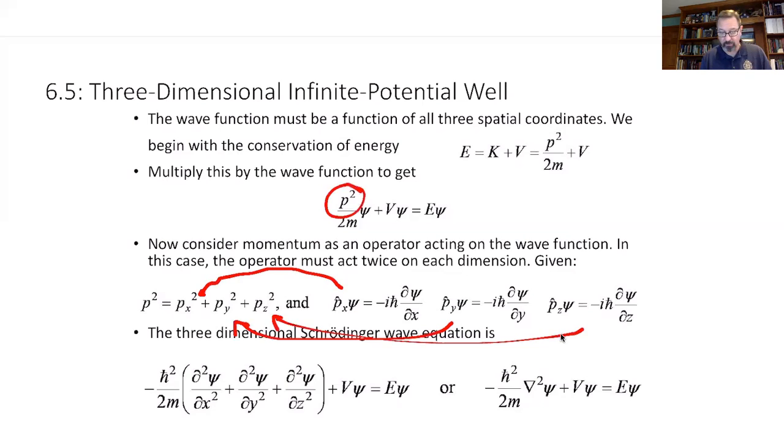And so we're going to take each of these components, square them, add them up, and that's what's going to go right there in Schrodinger's wave equation. Well, you square a negative sign, it becomes a positive sign. But when you square an i, it becomes a negative sign. And I've factored out that negative sign. And remember, I've got p squared over 2m.